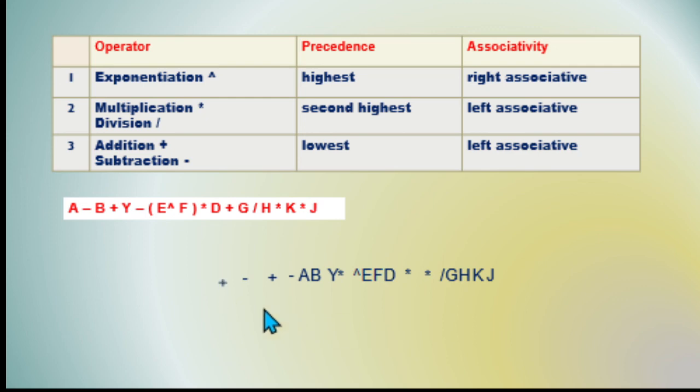So it's now equivalent to + - + - A B Y * ^ E F D * * / G H K J. So this is now our converted prefix expression given this infix expression without using stack.